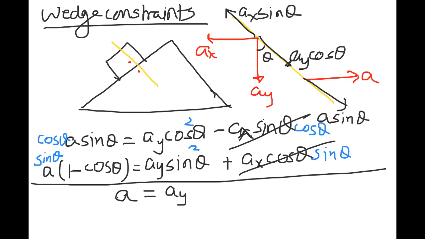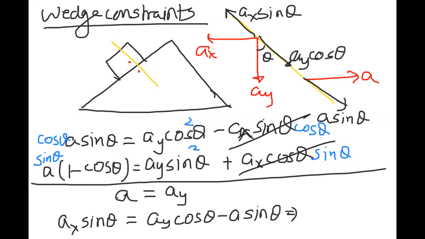And if AY is equal to A, then what is the value of AX? Well, AX sine theta is equal to AY cos theta minus A sine theta. This implies that AX is equal to A into cot theta minus 1.